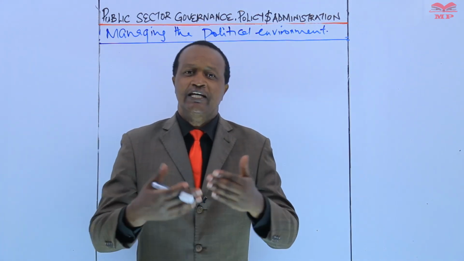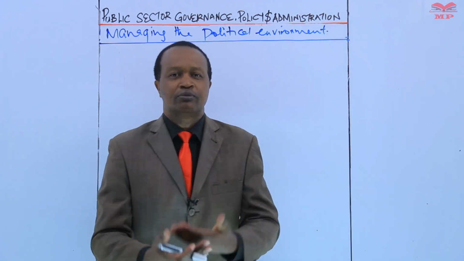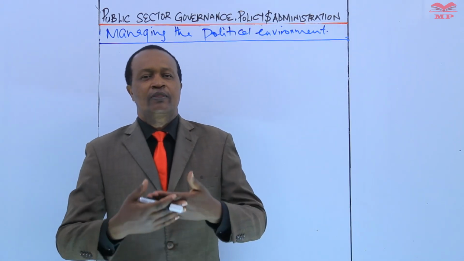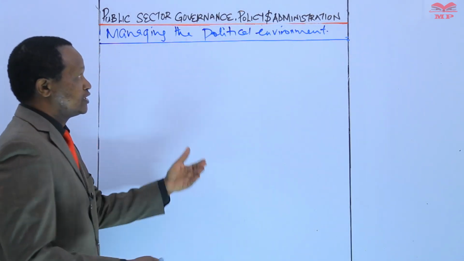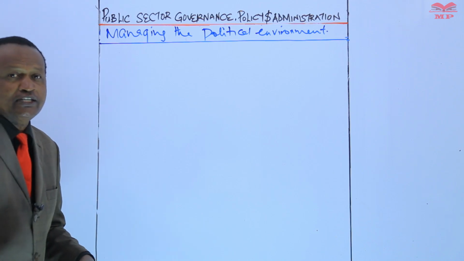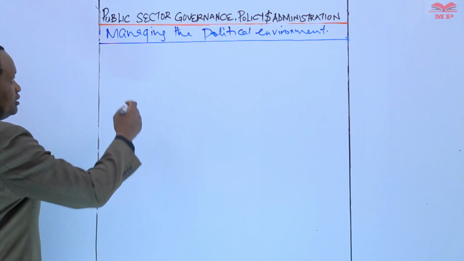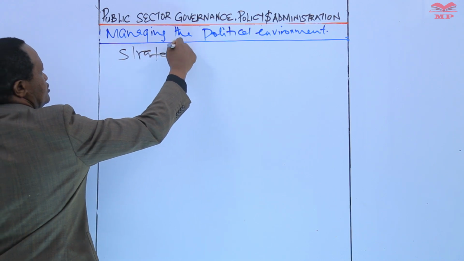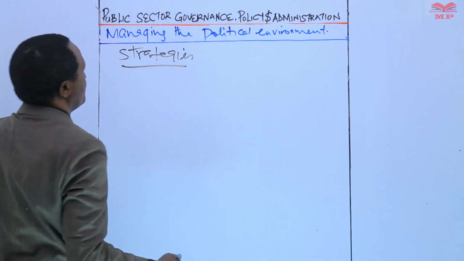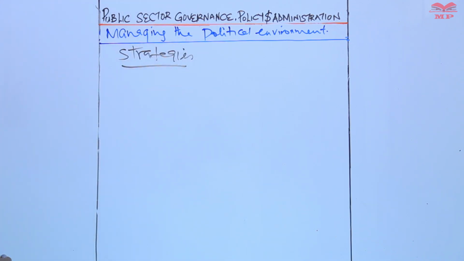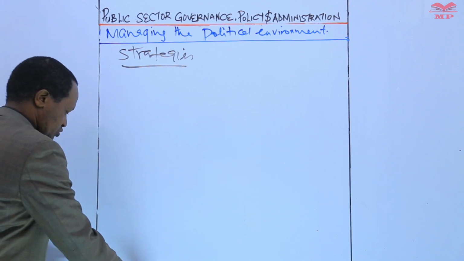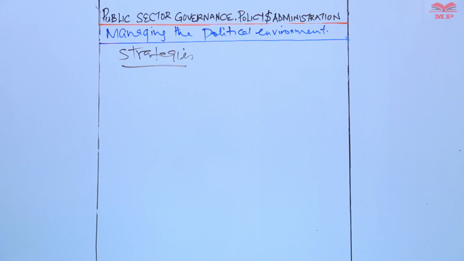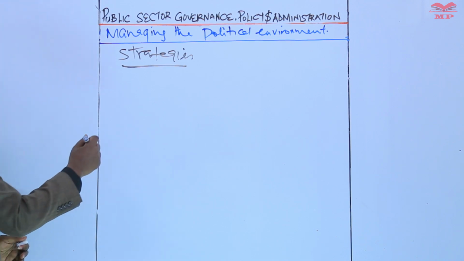So candidates, by the end of this lesson, you should be able to discuss the key strategies for managing the political environment in the context of public administration. And the first strategy is building relationships.